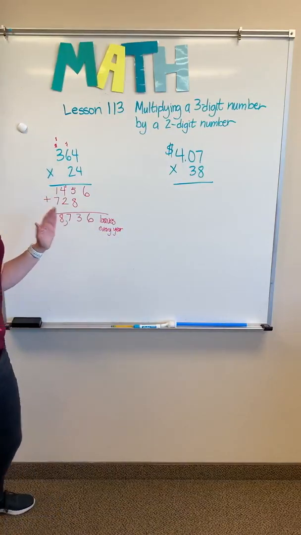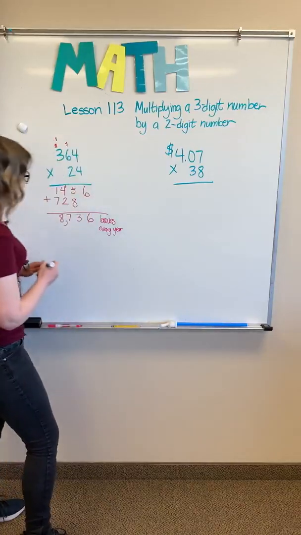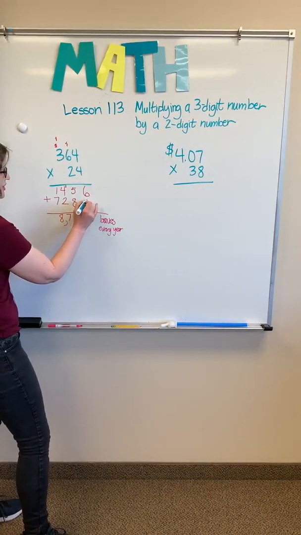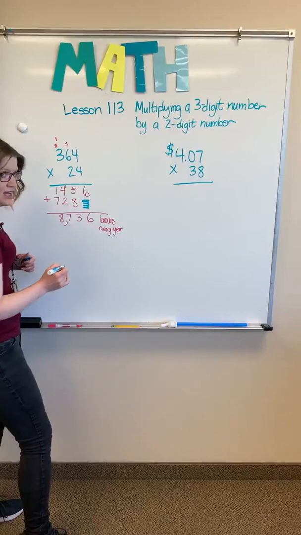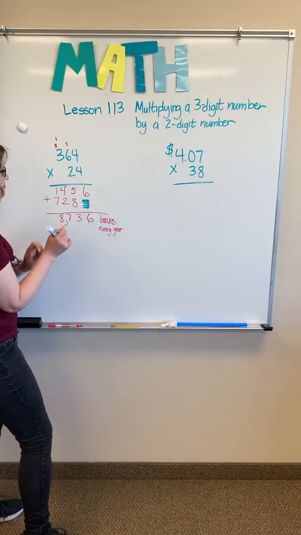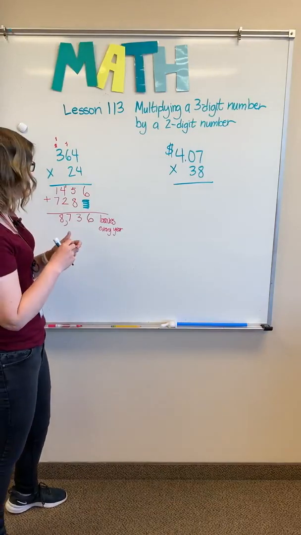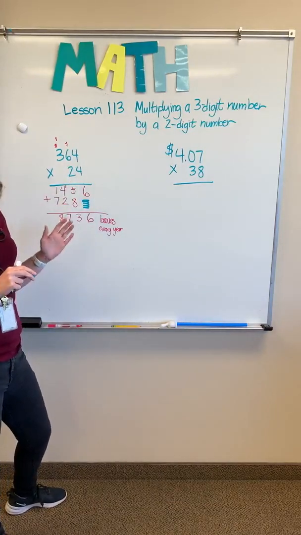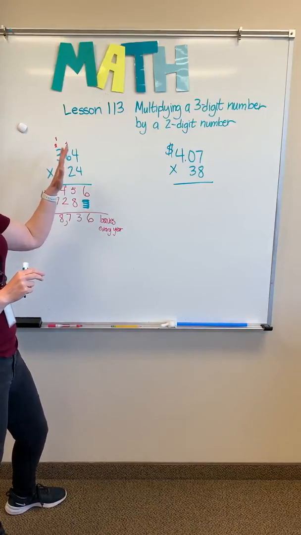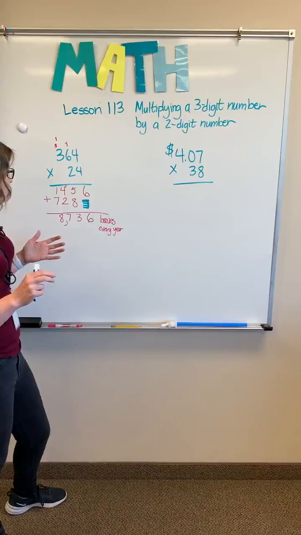Now, the issues that I see sometimes are if kids forget to leave this part blank and they start on the tens right under here. The other thing that sometimes messes Mrs. Daw up is if I don't know my math facts and I do my math facts incorrectly.